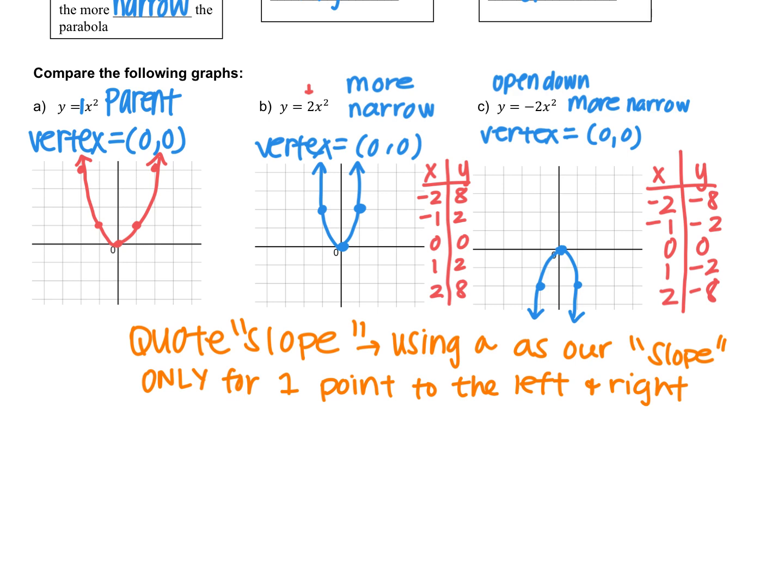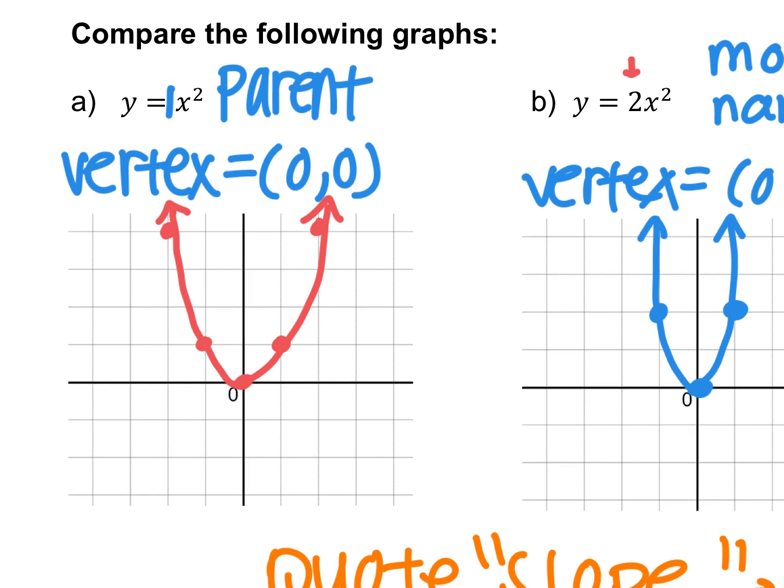So let's talk about what this looks like. Let's look at the parent function. For the parent function, my quote slope is going to be 1 because the number in front of x is 1. That's normally what slope is, right? So I'm going to make it 1 over 1 so that it's my rise over my run.